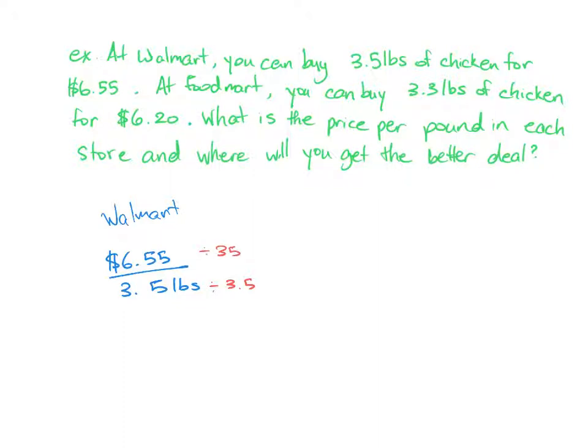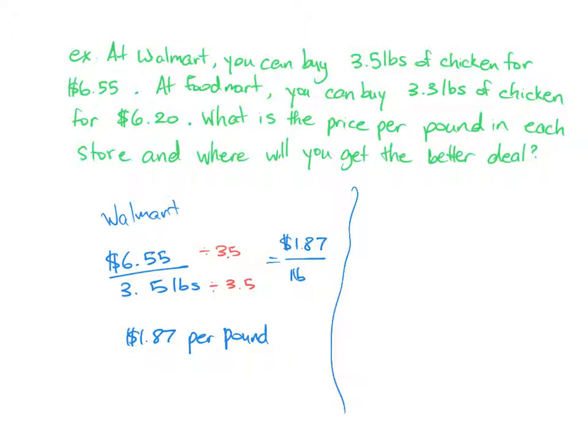So because we had 3.5 here, that's why we're dividing by 3.5, both in the numerator and denominator. And when we do that, we get approximately 1.87, I believe it's rounded to 1.87 for 1 pound. So the cost in Walmart is $1.87 per pound.